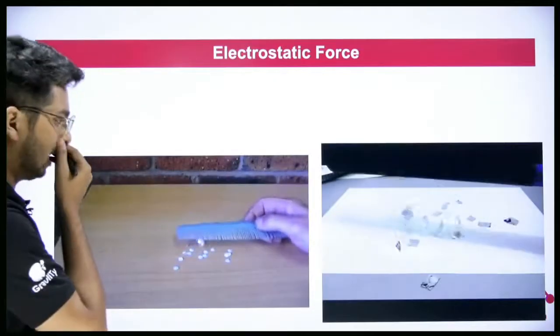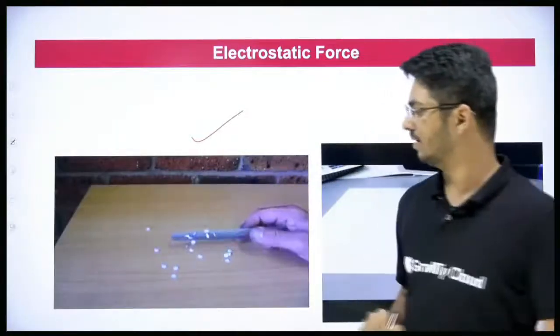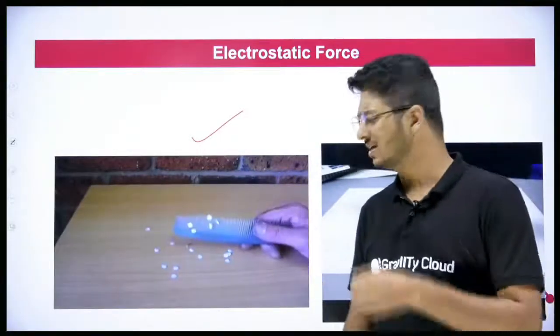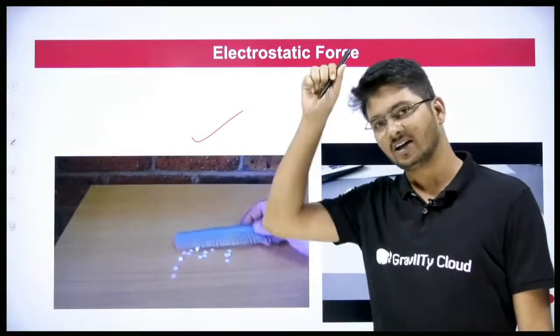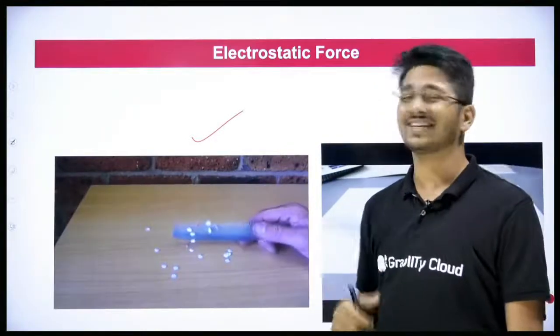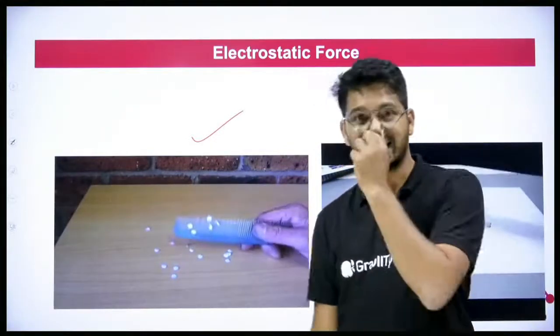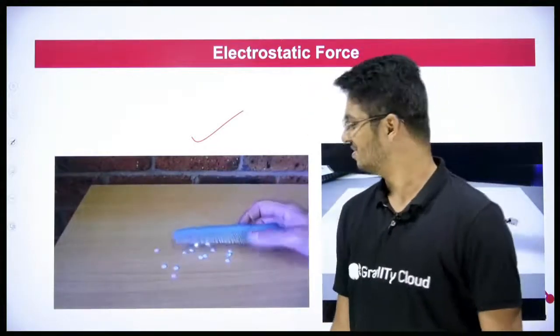Now we'll go into electrostatic force. Look at this video here. Have you ever played in this way? Just take a comb, rub it on your hair, and place it on paper bits. The paper bits fly up and get stuck, or get attracted to the comb.